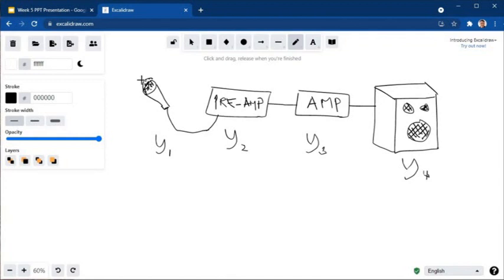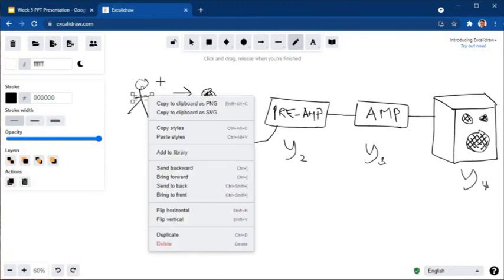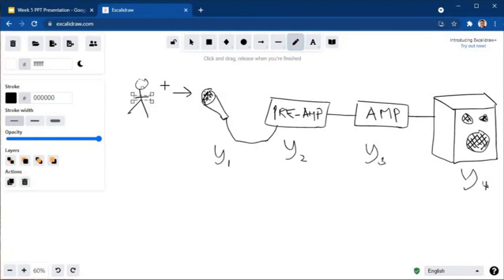So from our microphone, we can only speak on the microphone. The microphone does not produce sound. So therefore, the signal is only incoming to the microphone. Who is the input, by the way? I did not include the input. So the input here will be the human being or whatever that is speaking on the microphone.